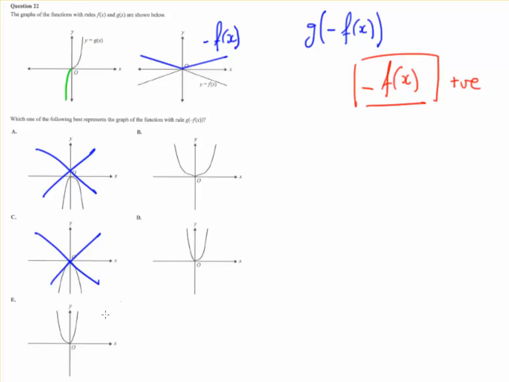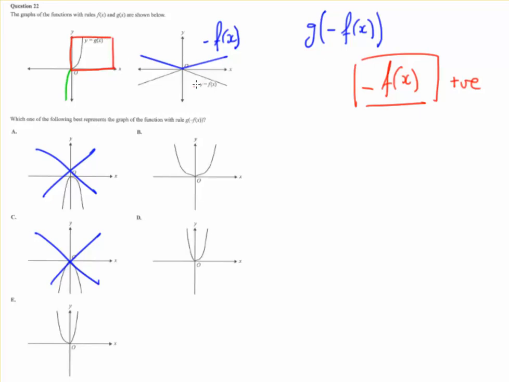So you might think it's one of those. Well, not quite, because we're actually only concerned with this part of the curve. We're only concerned with this section here.